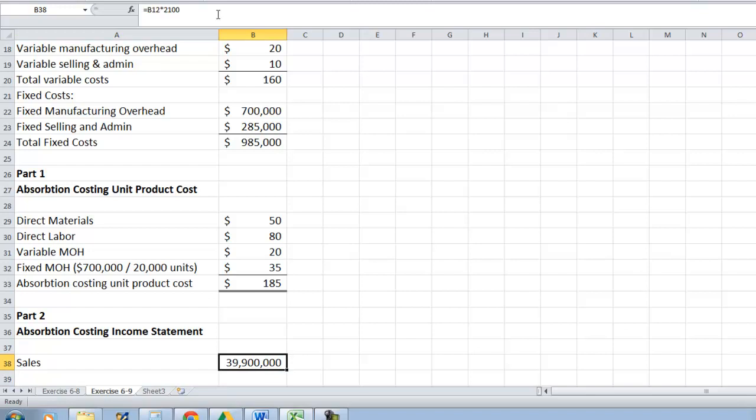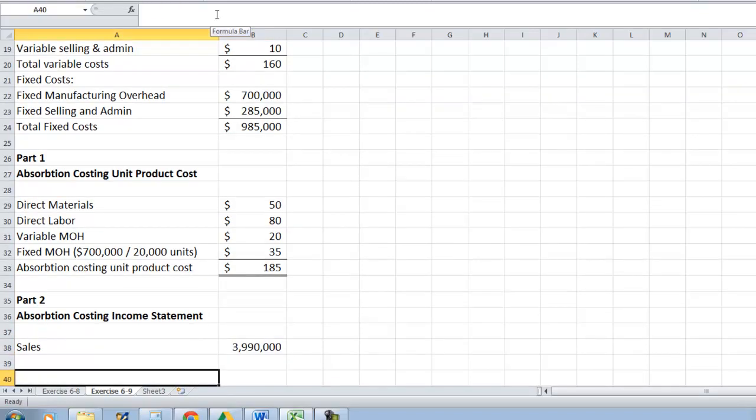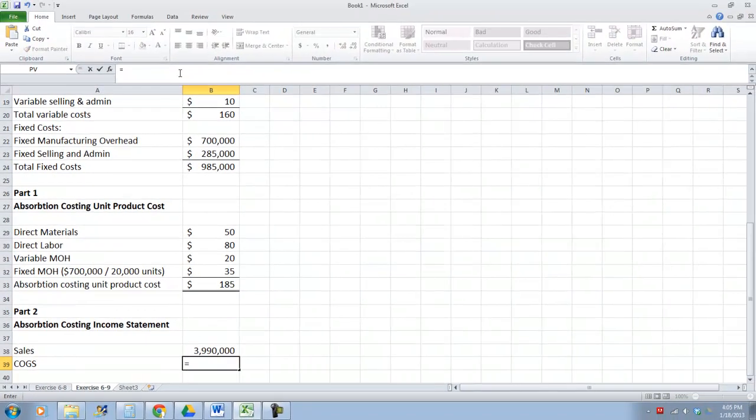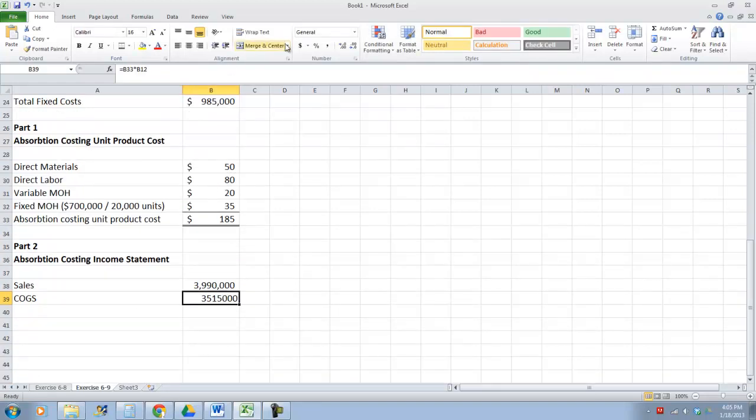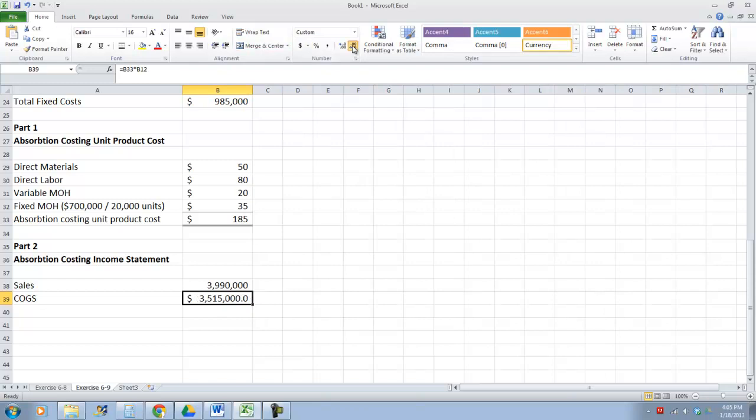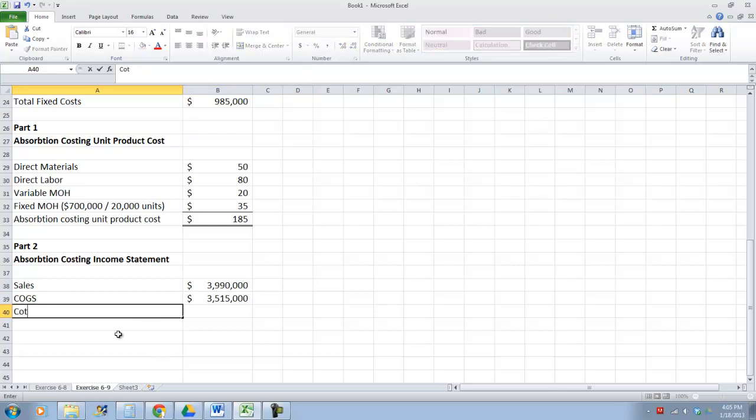Oops, I added an extra zero there. 210 is our selling price. So we have sales, then we have cost of goods sold, which is our absorption cost per product times the actual number that we sold. Okay, so then we get our gross margin.